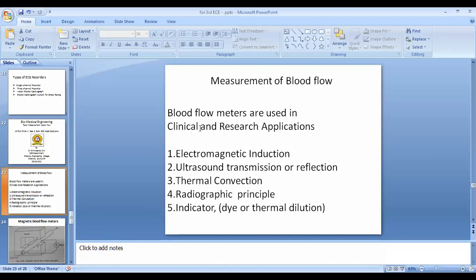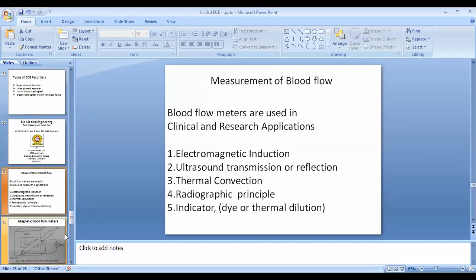For clinical and research applications we can use blood flow meters, and these different principles are used: electromagnetic induction principle, ultrasound transmission and reflection, thermal convection, radiographic principle, and indicator principle. Based upon these methods we can measure the blood flow velocity.